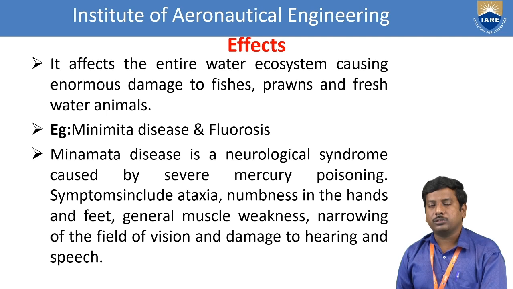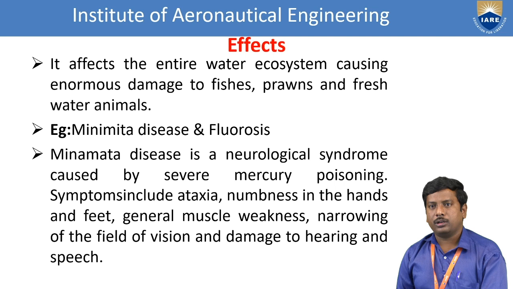causing enormous damage to the fishes, prawns, and freshwater animals. For example, we see Minamata disease and fluorosis. Minamata disease is a neurological syndrome caused by severe mercury poisoning. That means Minamata disease is caused by one of the important chemical elements, mercury.